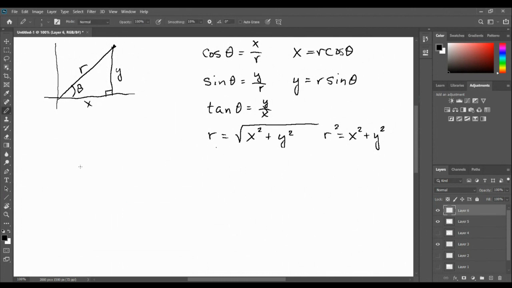So let's take a polar equation. Say r equals 4. That is clearly a circle of radius 4 in polar coordinates, and I need to convert that to rectangular.